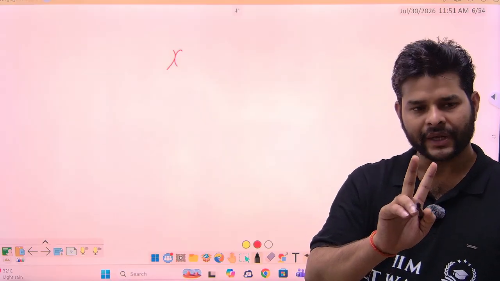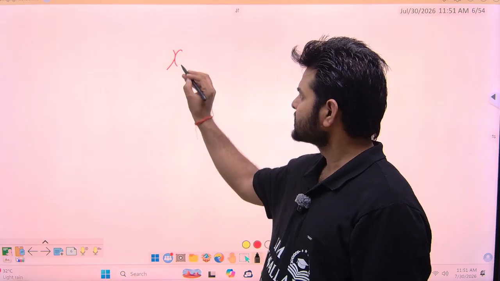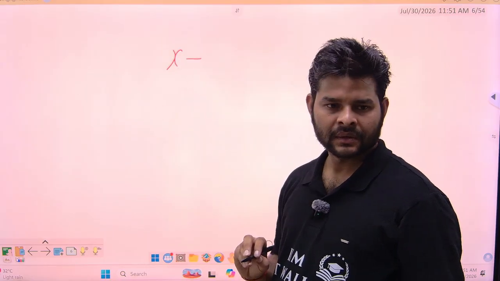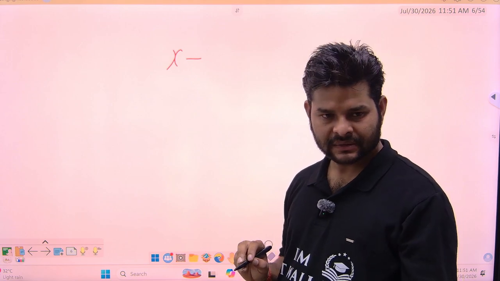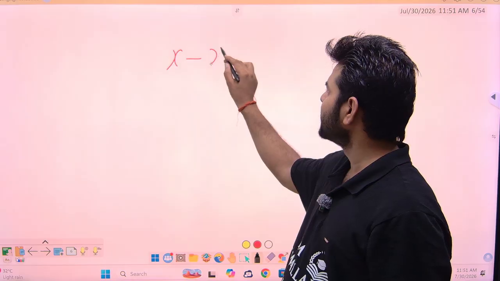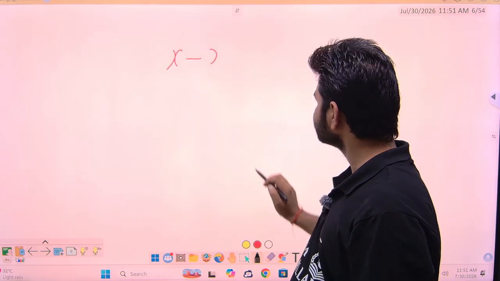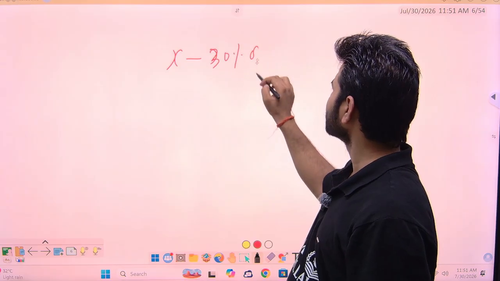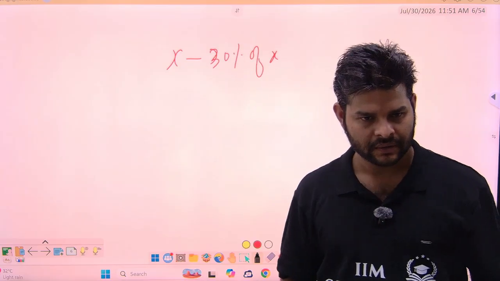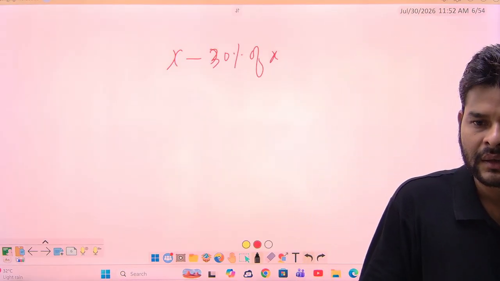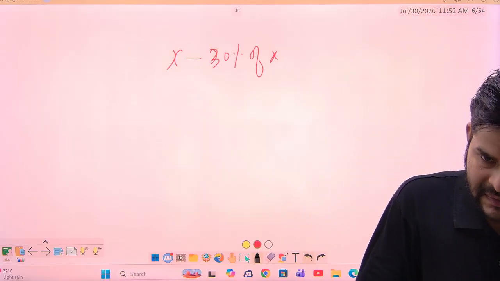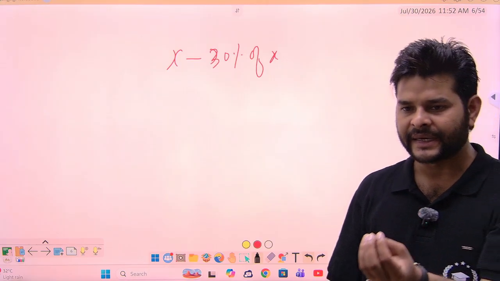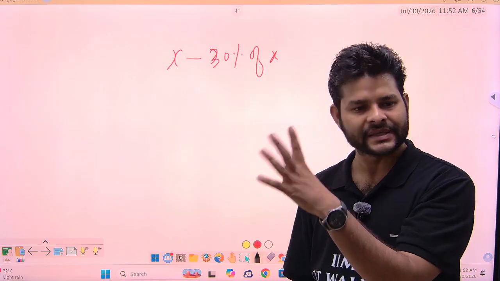There are two ways. You can directly say, sir, total is X, invested means minus 30% of X. The total salary was X, I have invested 30%, that means I need to subtract 30% of the total salary.